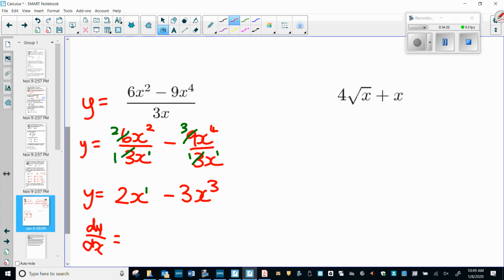So if it's just 2x, my derivative is, Jersey? 2. Just 2, yep. Okay, so whenever there's an x, it's just the number in front of it. Wouldn't that be y dash? No, so when it's y, we write dy dx.